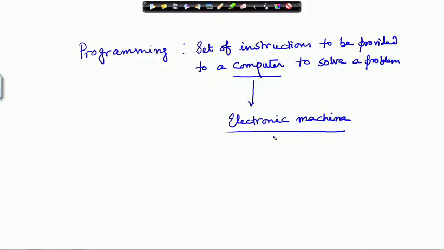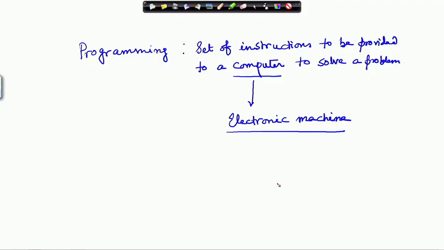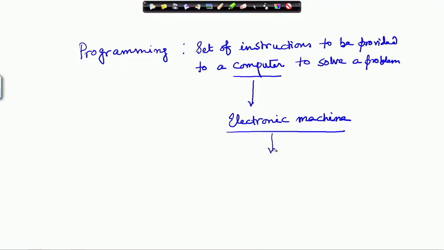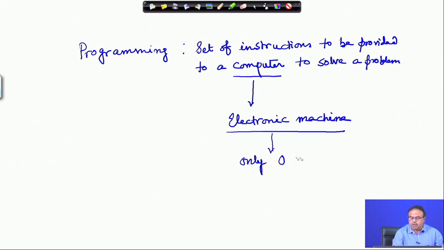So, you could understand that, but a computer being an electronic machine will not be able to understand that. An electronic machine is made of switches. So, since it is made of switches, it understands only zeros and ones.